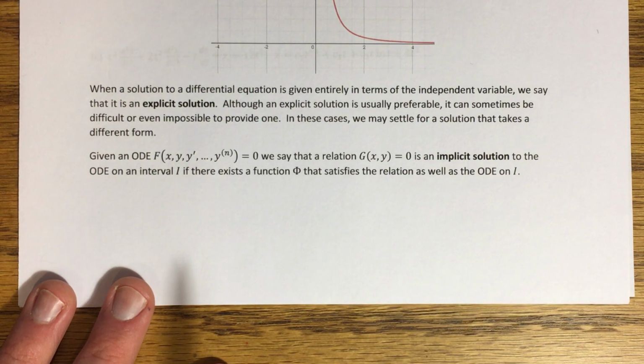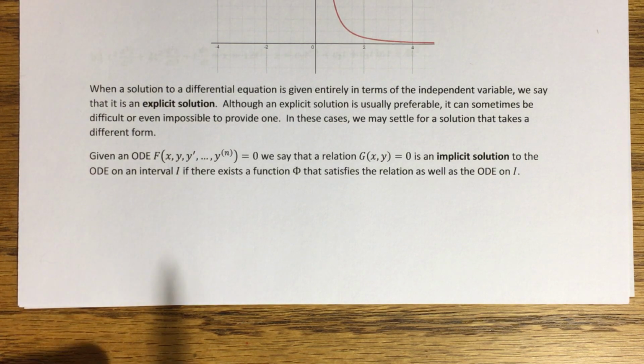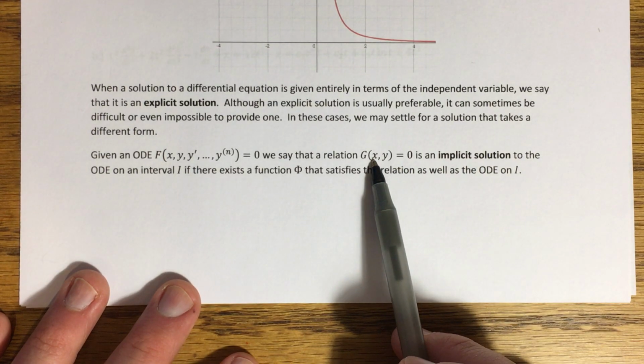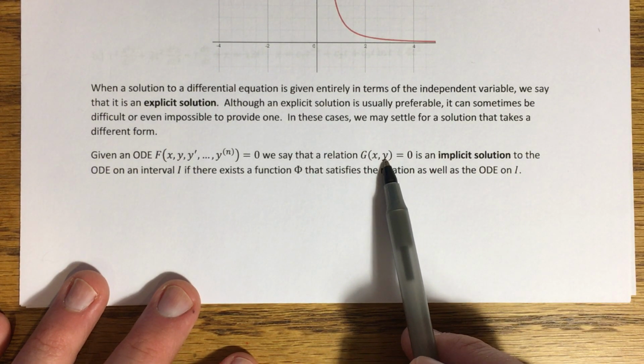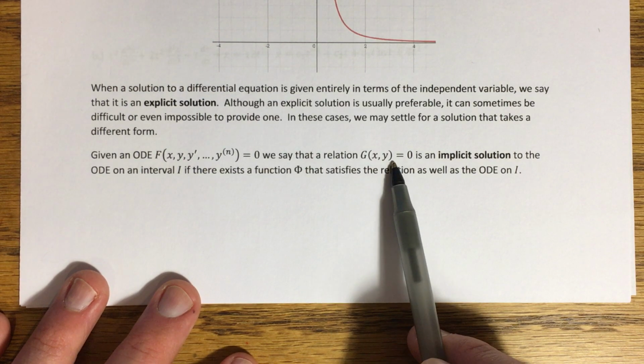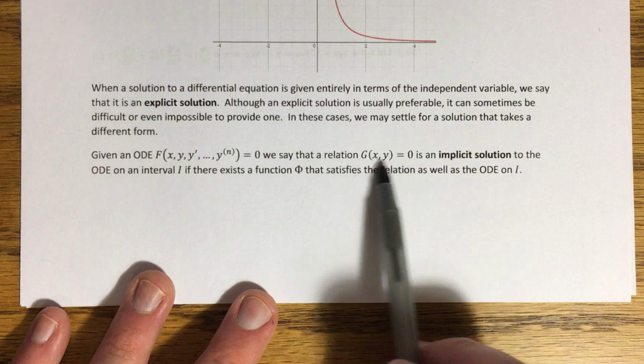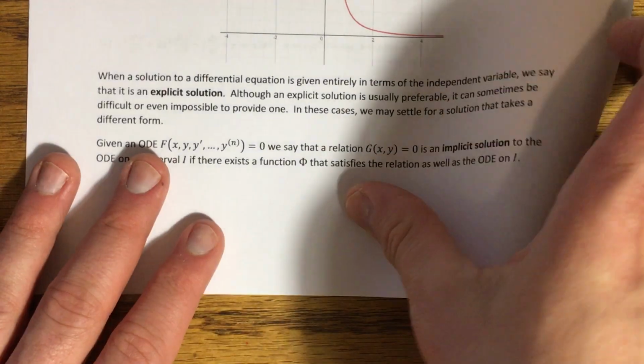That's kind of vague and unclear what we mean by that, but basically all I mean is this. Y we're still thinking of as a function of x, but we may not be able to isolate the y in this equation, giving y as an explicit function of x. And in cases like that, we're just satisfied with leaving it in this form.